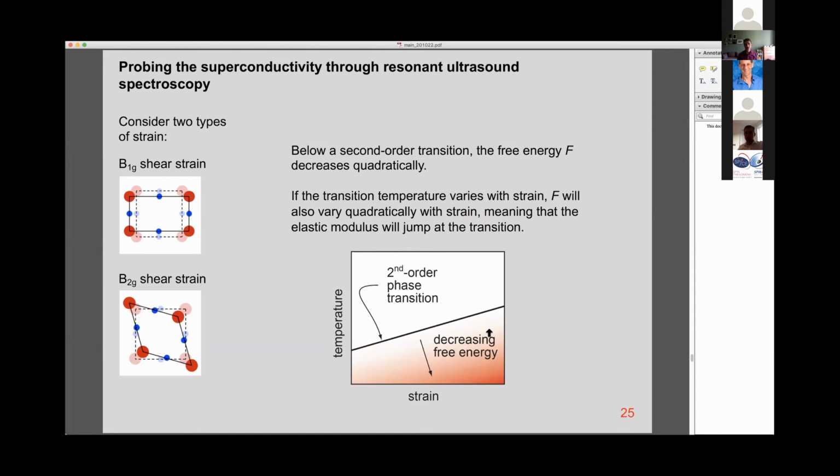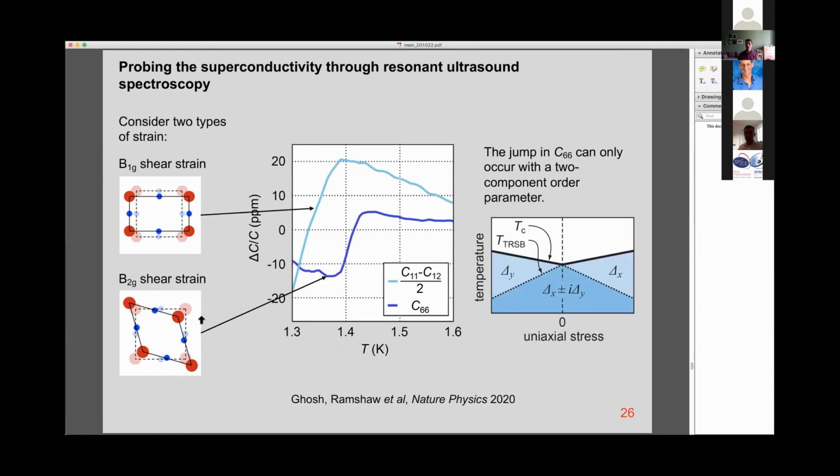Now we can consider two strains. One is an orthorhombic strain along the 1, 0, 0 direction, and another one has 1, 1 principal axes. Under the tetragonal symmetry of strontium ruthenate, the slope dTc/d strain must be 0 for both of these strains at 0 strain. Therefore, a jump in the elastic modulus is not possible, but one is observed.